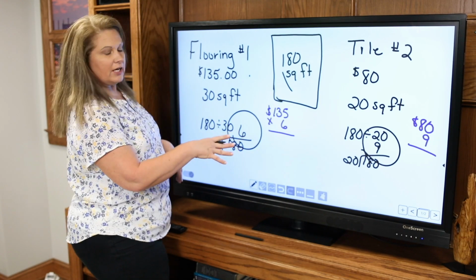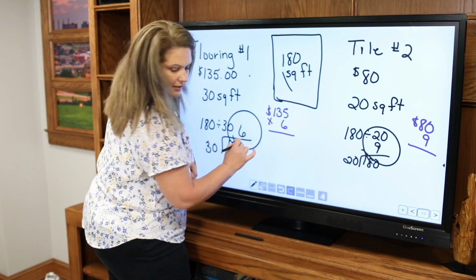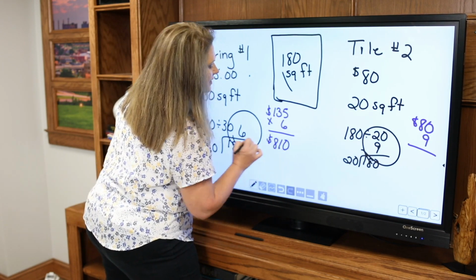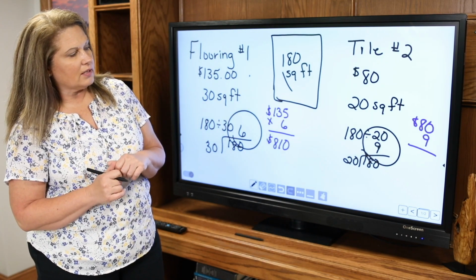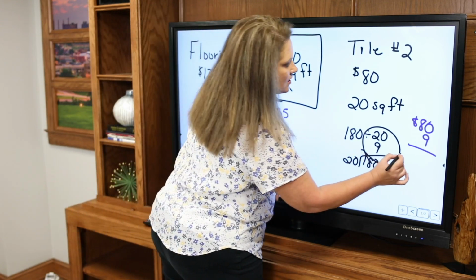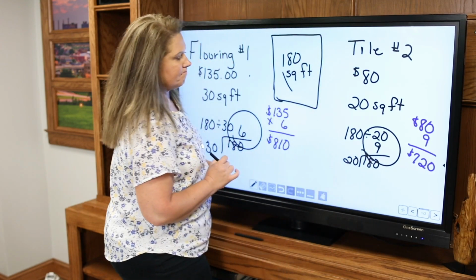So if I come back over here and I need 135 at 6 for 6 cartons, I've already done the math for you. That's $810. If I take a look at carpet tile number 2, it's 80 times 9 cartons, and that's going to be 720.